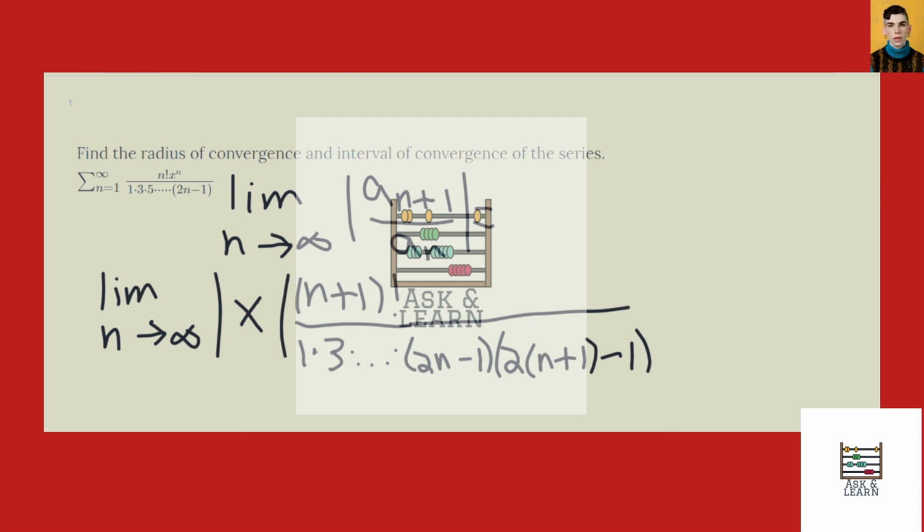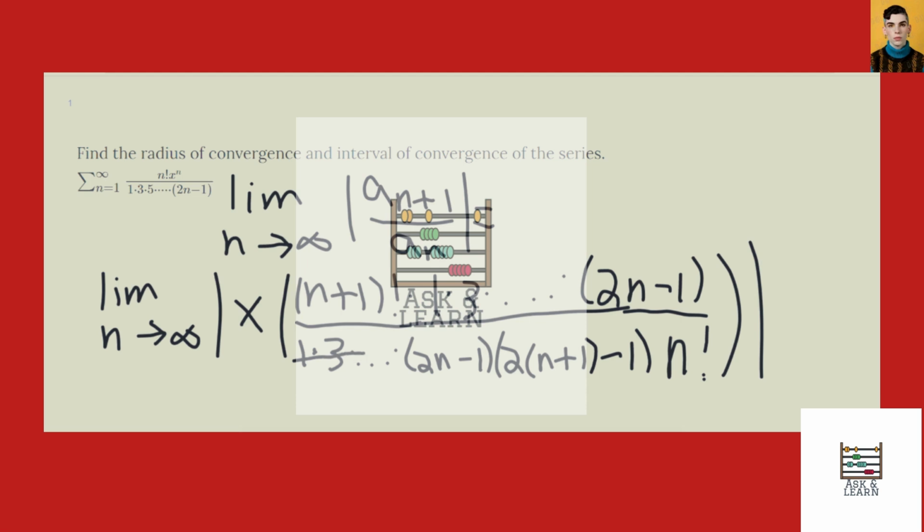And dividing by a_n is the same thing as multiplying by the reciprocal of a_n. So now we're going to be multiplying by 1 times 3 times dot dot dot all the way up to times 2n minus 1, and we're going to be dividing by n factorial.